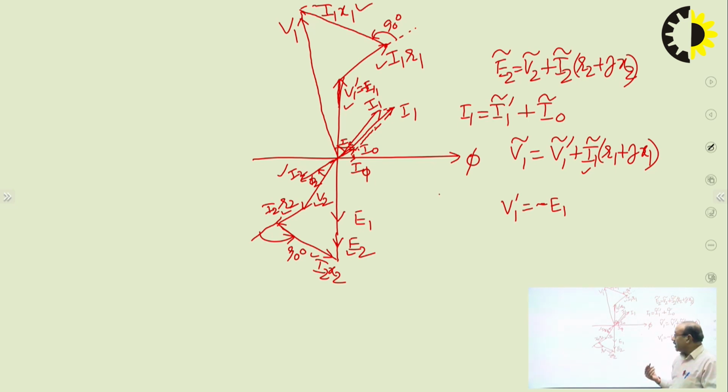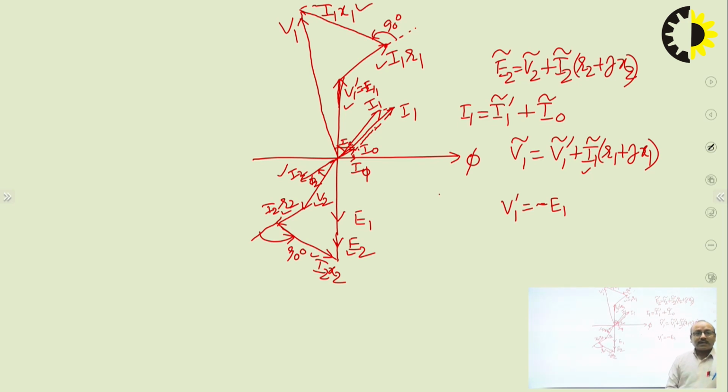Accordingly, again there will be some shifting of voltage and current phasors in this phasor diagram, and then we can draw the phasor diagram for the different conditions of load: lagging power factor load, leading power factor load, or purely resistive load, which has unity power factor. So that's all about this. We have discussed the phasor diagram of a transformer at no load condition and then at load condition. So this completes this topic.